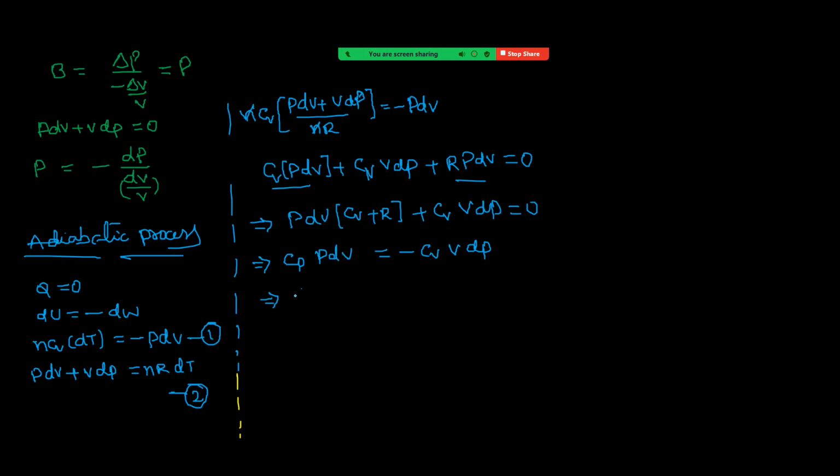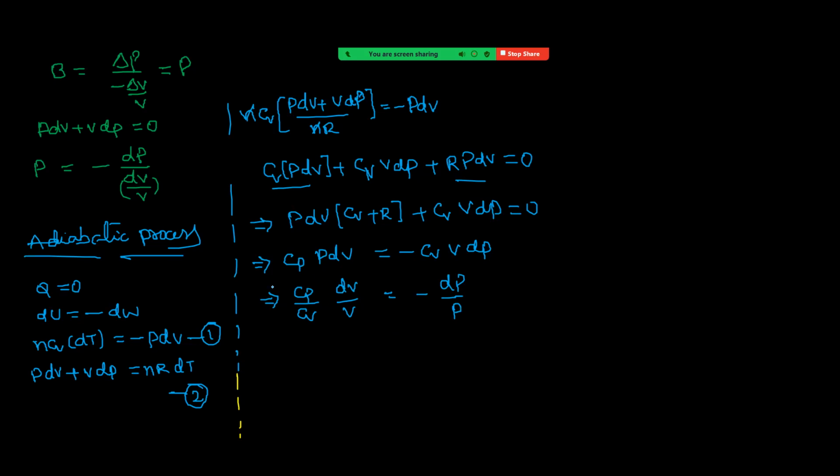Cp by Cv into dV by V is equal to minus dP by P. Check it once.